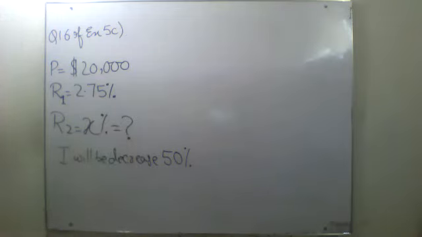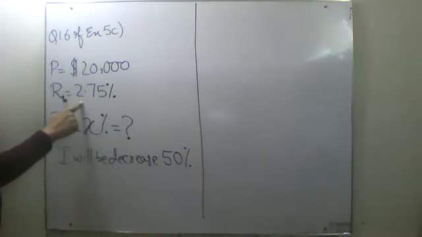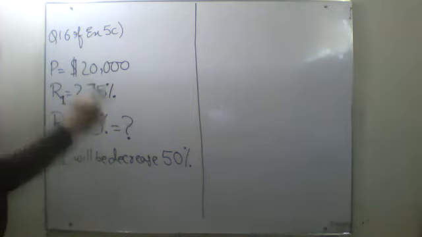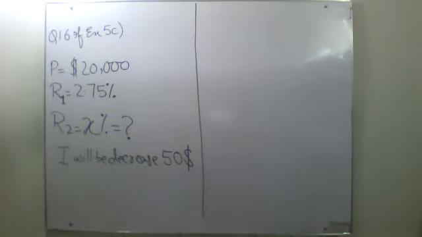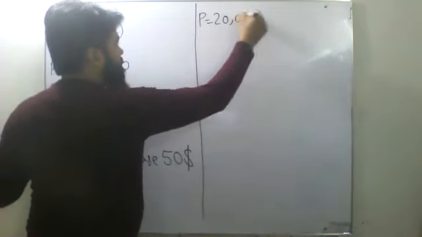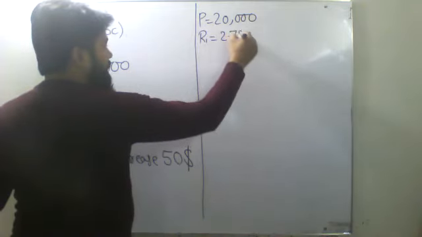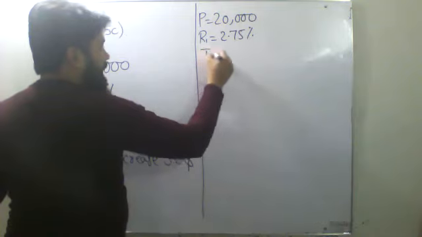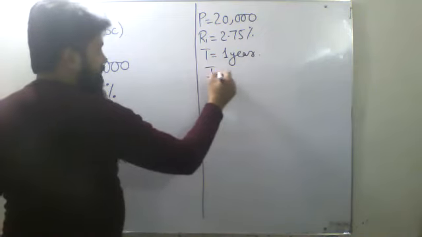How will I solve this question? First of all, I will find how much interest I am going to get, and then I will reduce it by $50, and after that I will get the value of X. So first of all, P equals $20,000, rate 2.75%, time I am taking as 1 year, and interest I have to find.